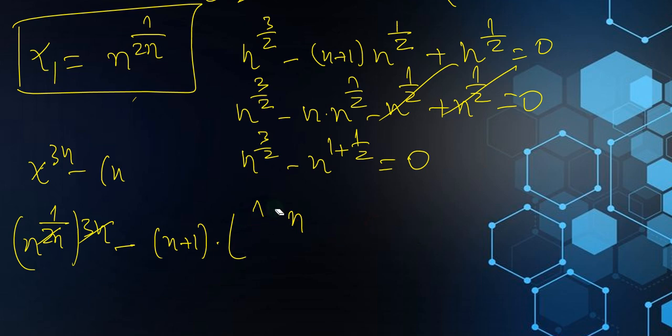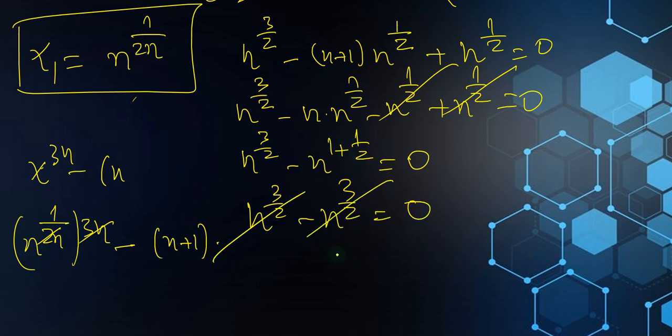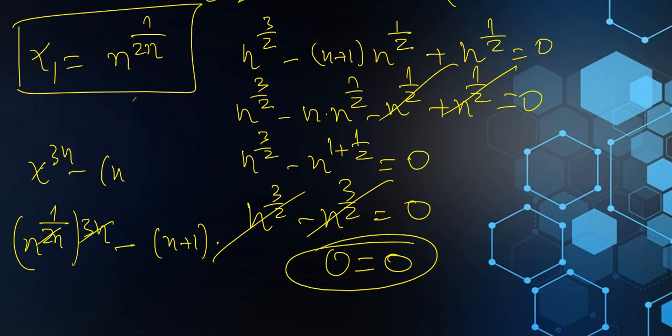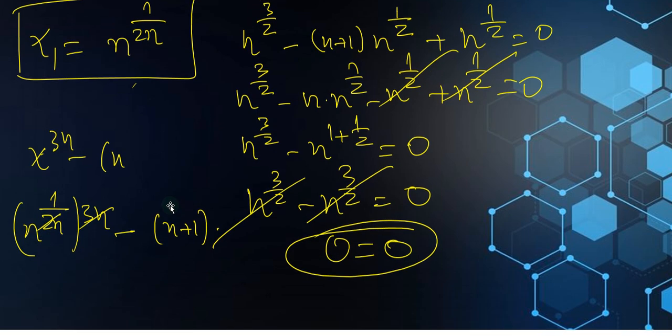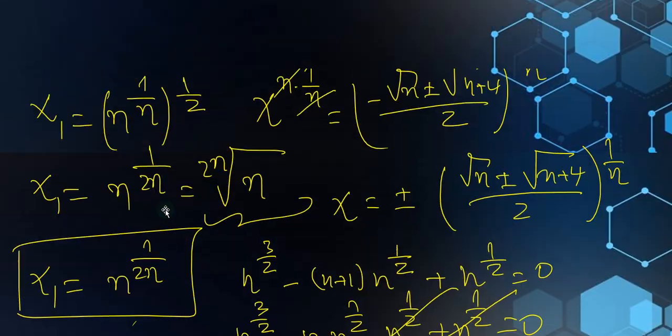So from here we have n to the 3 over 2 minus n to the 3 over 2, right? Because this one is this. So 0 equals 0. So guys, our solutions are correct. I erased the third solution, but we have the first one which we used to verify this question. So they are correct.